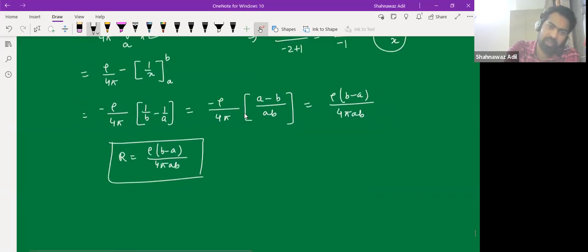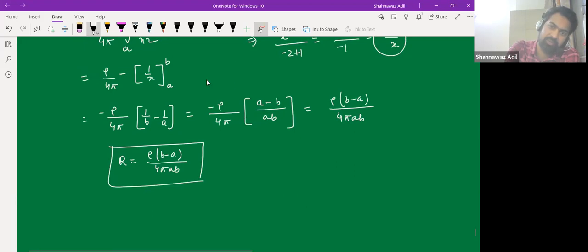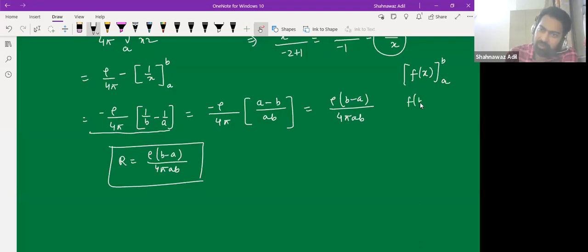Noted, Tariq. Sir, can you explain the second last line? This one? Yes. So this is the upper limit and this is the lower limit. The function is 1 by x. We put the upper limit f(b) minus f(a). This we did in here.